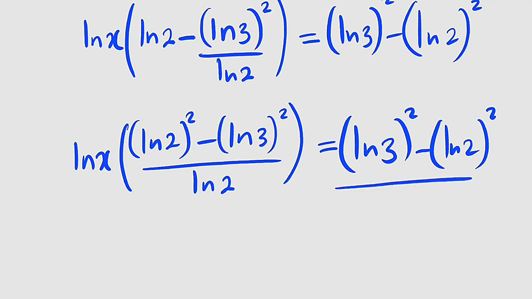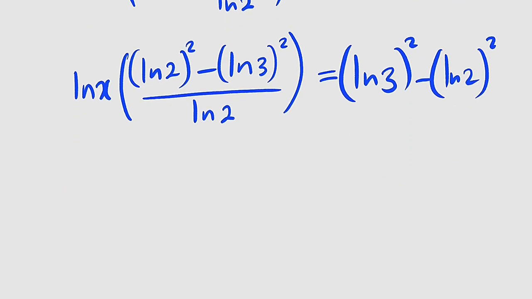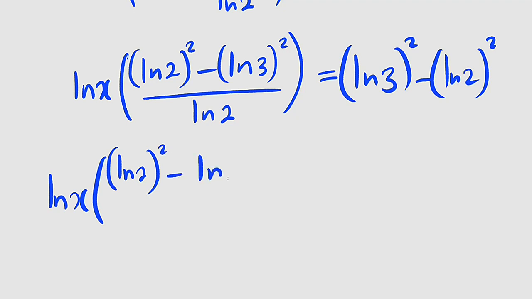It doesn't matter. We multiply the top and the bottom by negative, so that the left hand side will remain ln x multiplied by ln2 all squared minus ln3 all squared divided by ln of 2.